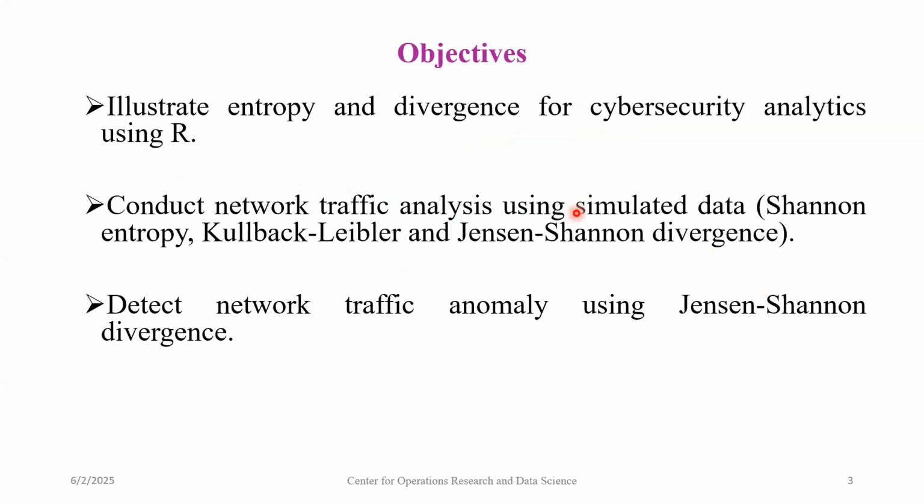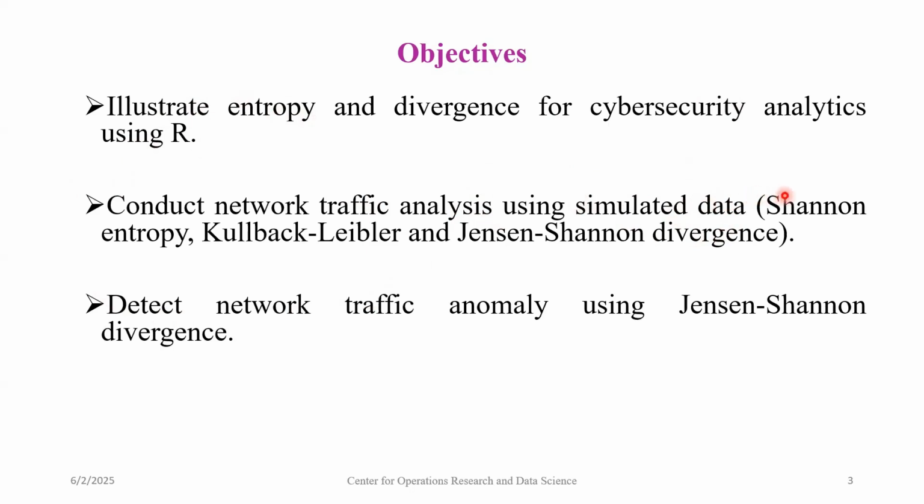The objectives of today's video are first to illustrate the concept of entropy and divergence for cybersecurity analytics using the R software. Specifically, we will conduct network traffic analysis using simulated data.